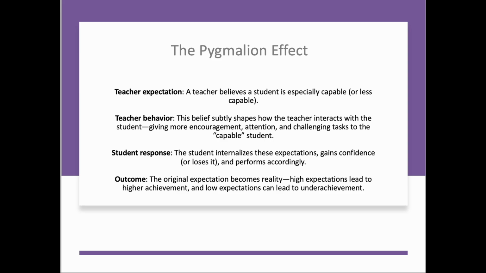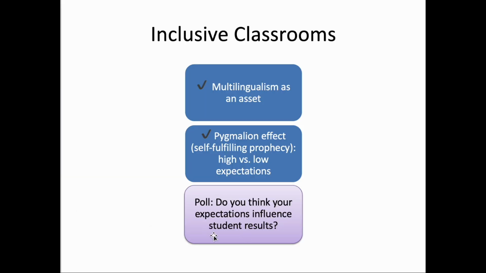Now, of course, we want to be as unbiased and objective as teachers as we possibly can, but we are human. I'm wondering, what do you think? Let's discuss at some point. Do you think your expectations as a teacher actually influence student results? It's worth considering.